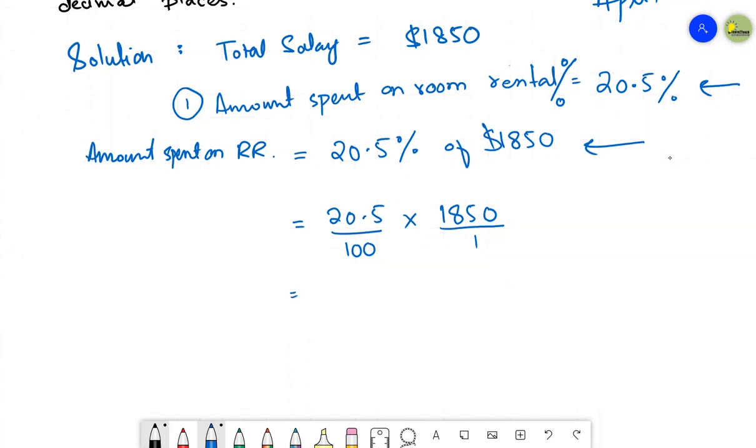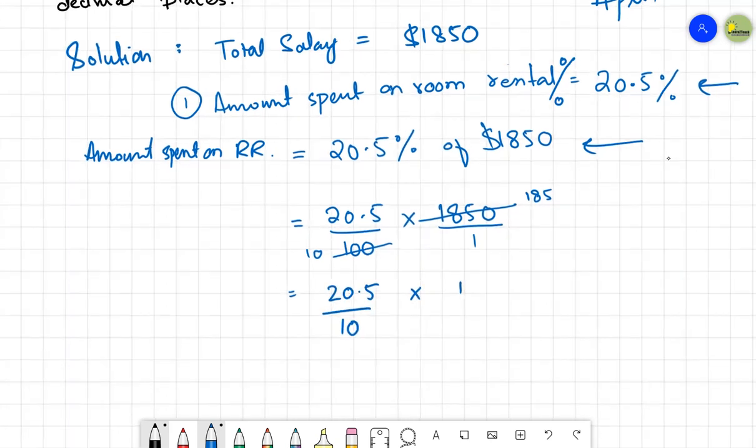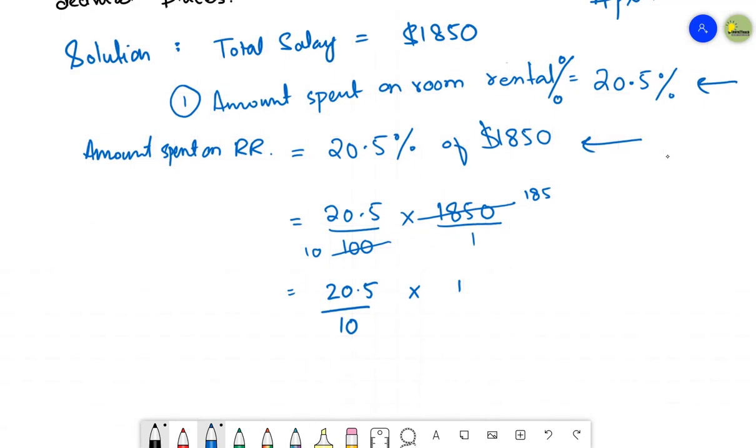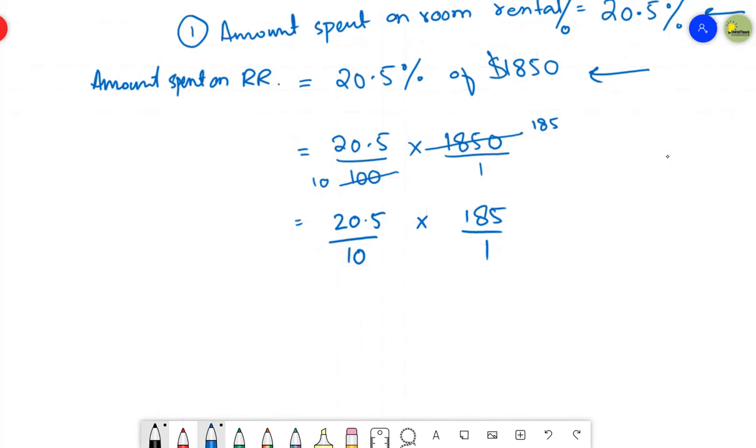Now 100 and 1850 can be cancelled with the table of 10. 10 tens are 100 and 10 185s are 1850. So I can write 20.5 divided by 10 multiplied by 185 upon 1. If I can further cancel it, I know that 10 and 185 can be cancelled by 5.